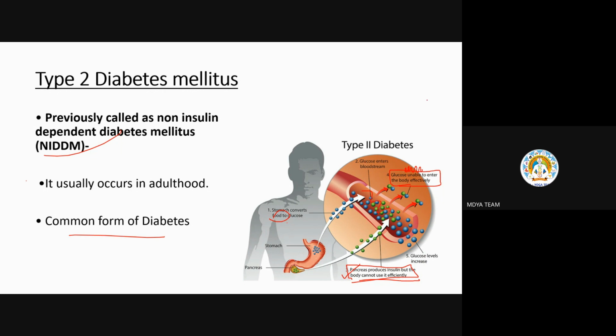Therefore, lots of glucose is there, lots of insulin is there, still unable to take that glucose. So this condition is called, as I told, insulin resistance. As glucose is not going inside the cells, definitely there will be a high glucose level in the bloodstream. So this high glucose level is called high BP, sorry, high sugar level, which means diabetes again. So this type of diabetes is known as type 2 diabetes mellitus.